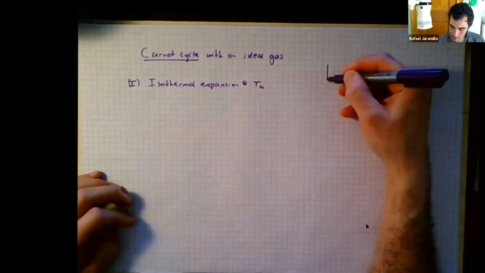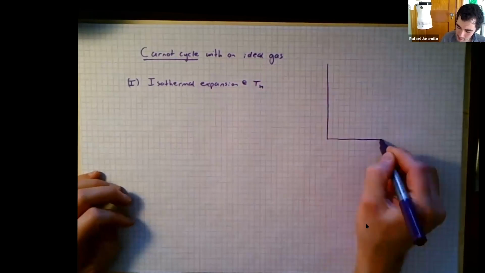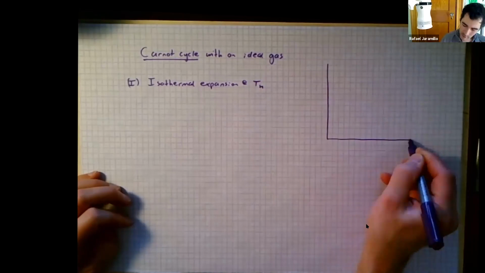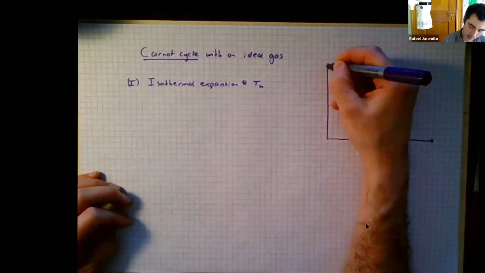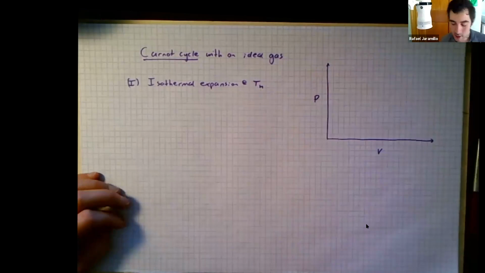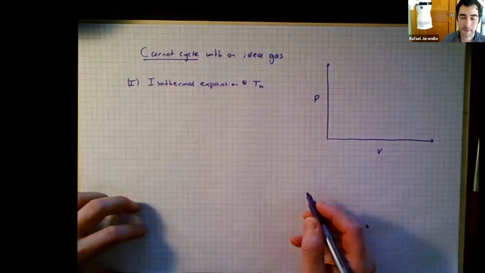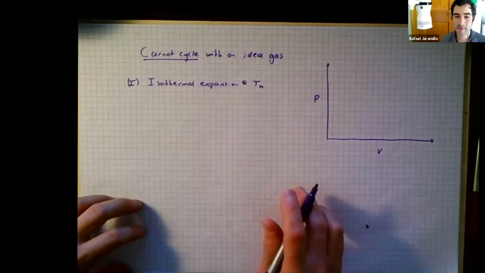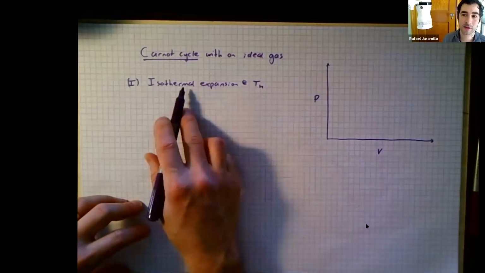Now, while I'm drawing this, there was a point on Piazza about this that I think I replied to this morning. For an ideal gas, we're going to tell you, you don't have to know this, we're just going to tell you that the energy is depending only on the temperature. So isothermal processes don't change the energy of an ideal gas.